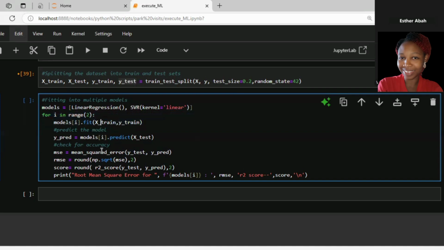So you are telling the model, okay, this is the information on my table, the whole table now, 80% of the whole table, the X and the Y information. Pack everything into the model. So what the model will do is say, okay, if you have this level of advertisement, if you have holiday, if you have all this level of information, these are the number of visitors you will be having. So all that information, we are packing everything into the model and we're training it with it.